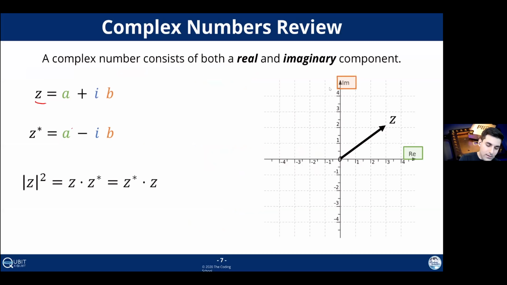Here, a is the real part, and i times b is the imaginary part. So basically, whatever number is multiplied by the i becomes the imaginary part of our complex number. Now, of course, we can have a complex conjugate of a complex number, and maybe I'll write this here.